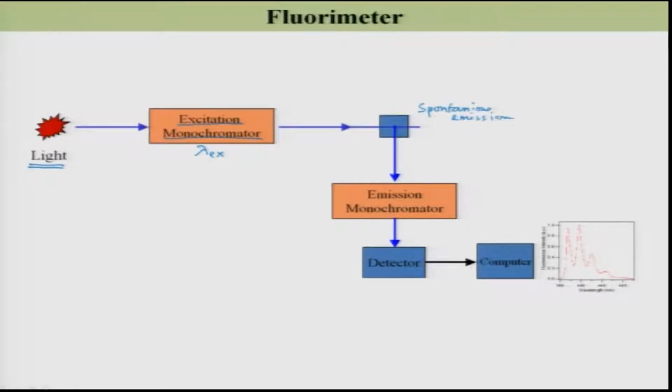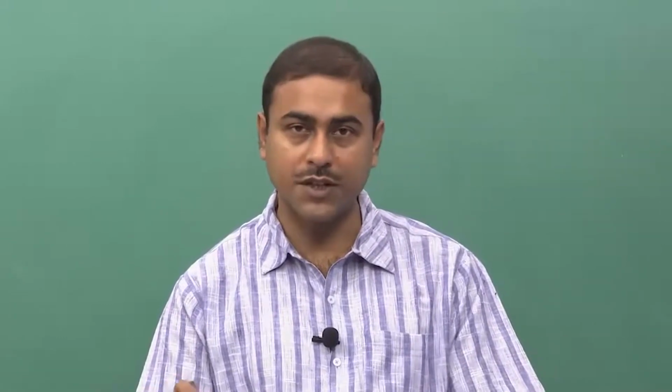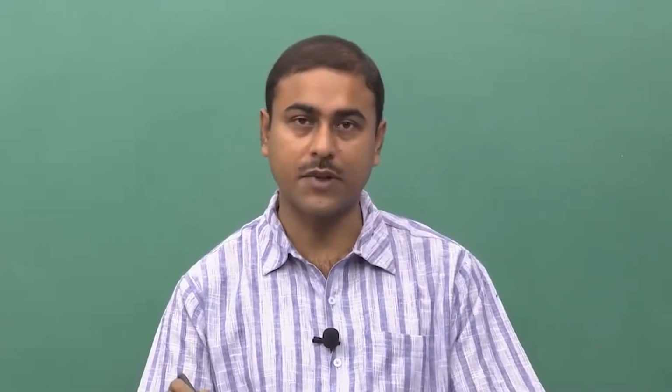But this emission itself is broad, for these molecules having different vibration levels and so on. So to measure the intensity of a particular wavelength of emission, we need to again disperse the emission in a monochromator and detect the intensity at each wavelength individually by this detector.